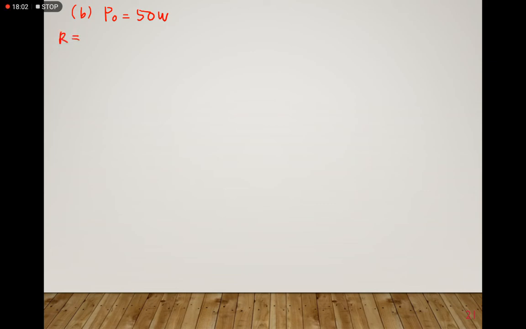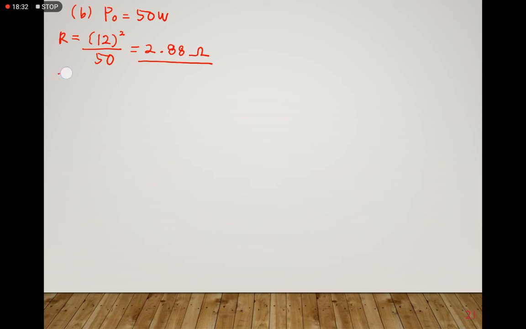You need to find the new value of resistor, V naught squared over 50. This will lead you to 2.88 ohm. Since your R has changed, you need to look at which equations have R in them. Obviously they will be affected when we have a change.